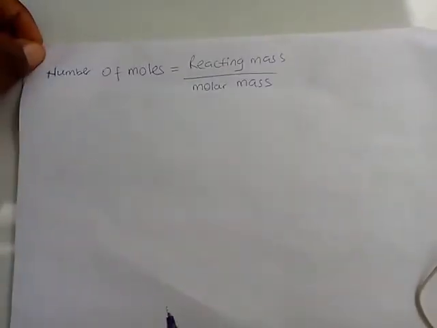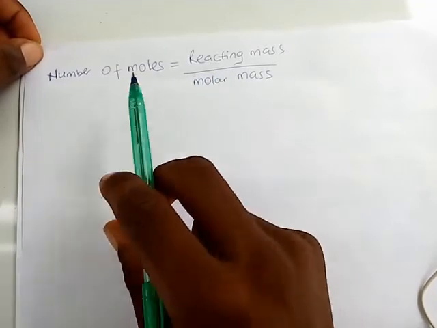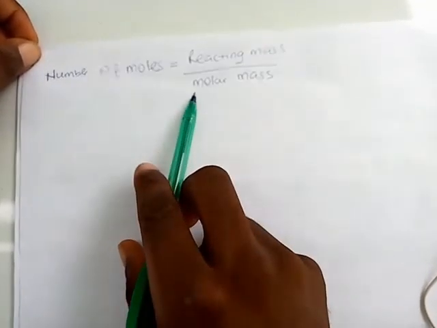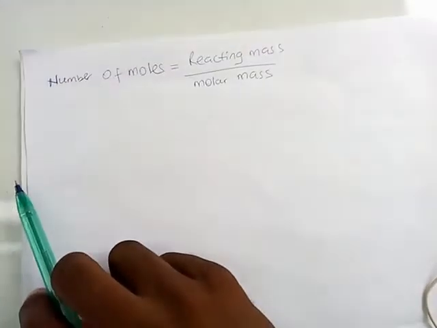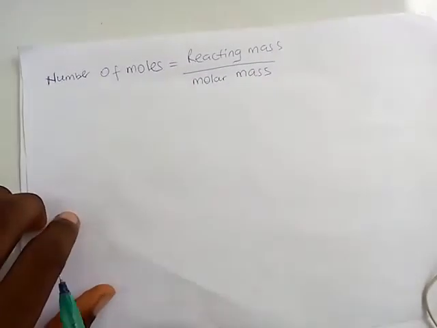That is one. From this, you can see that there's a relationship between moles, mass and also molar mass. Also, there is another formula that best illustrates the relationship between moles and the volume of a gas, or the molar volume of a gas. That's this.